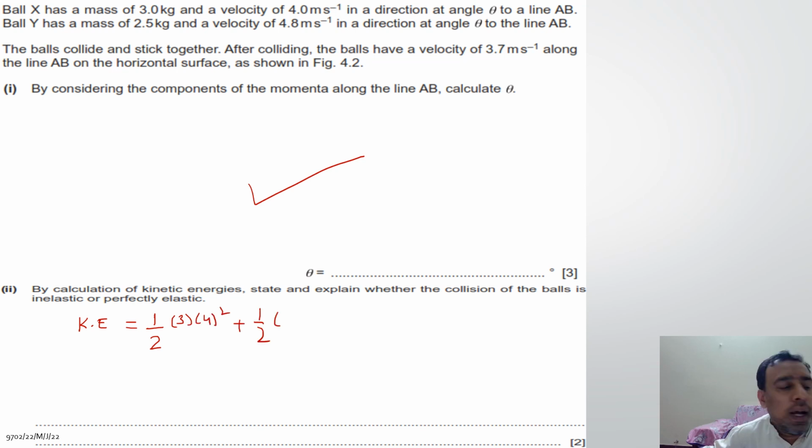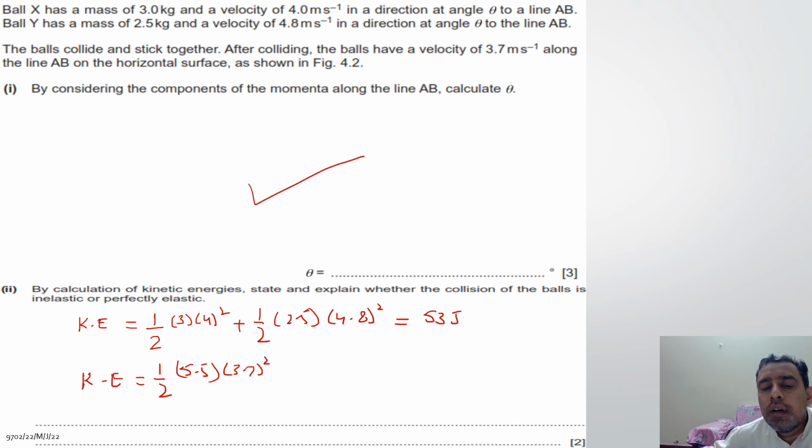For the other, the mass is 2.5 and its velocity is 4.8. The sum of these kinetic energies is 53 joules. After collision, the kinetic energy is half, the combined mass is 5.5 and the velocity is 3.7, whole square, which is equal to 38 joules. These two kinetic energies are not equal, so it is an inelastic collision.